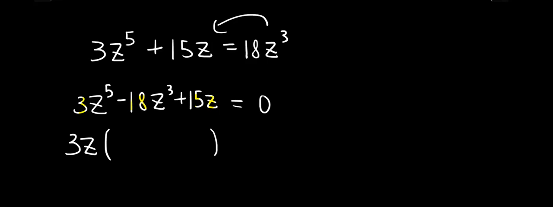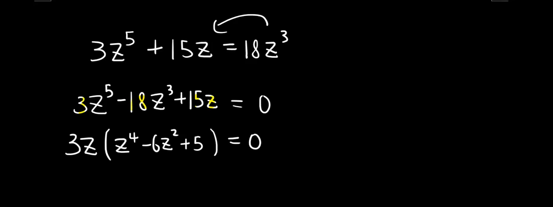And go ahead and give it a try, see what you have. If you factor out 3z, I have z to the 4th power, minus 6z to the 2nd power, and 15z factored by 3z, I have a positive 5, equals 0. Okay? All right.